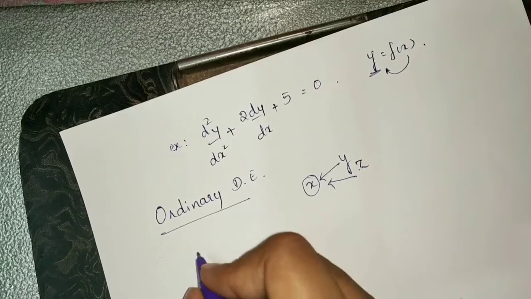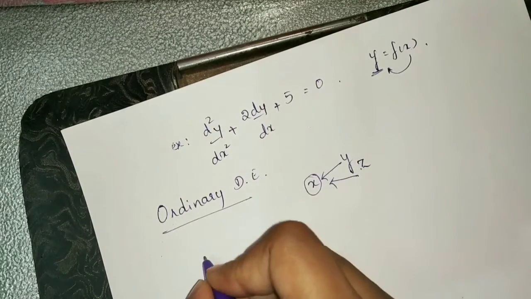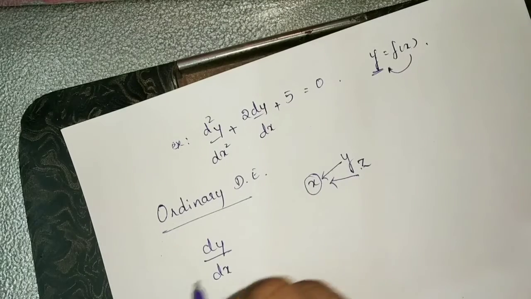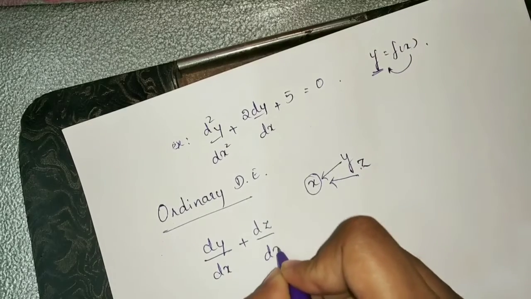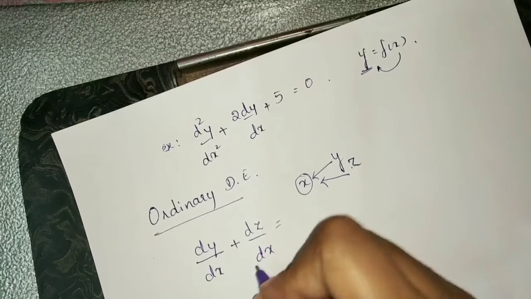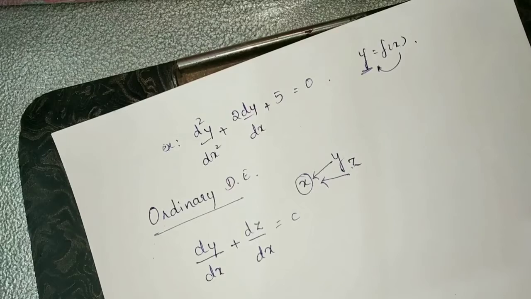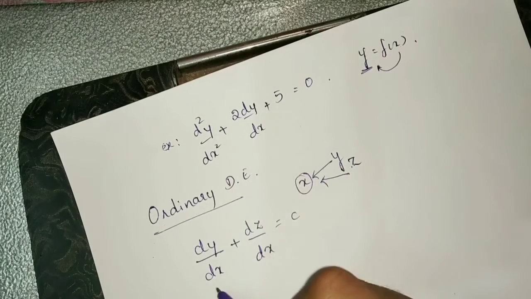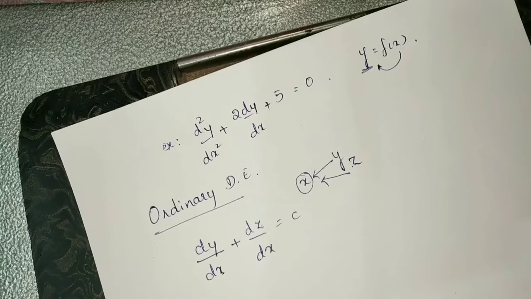Suppose we construct a differential equation such that dy by dx plus dz by dx is equal to some constant c. Here y and z are both dependent variables depending on x. These types of differential equations are called ordinary differential equations.